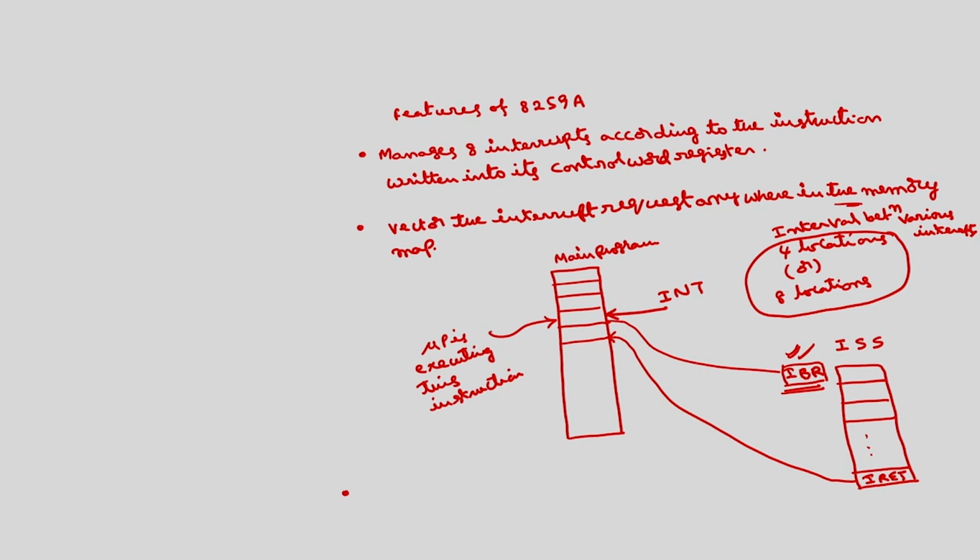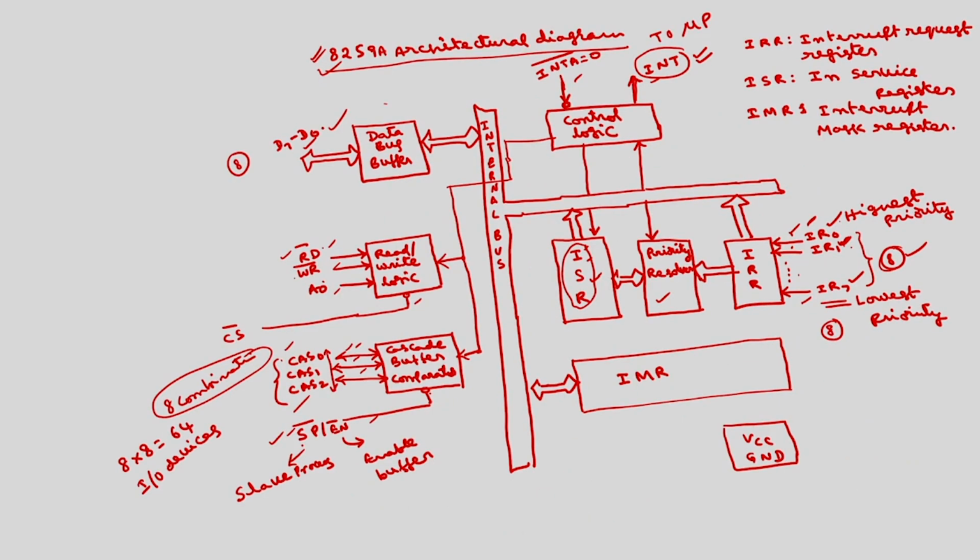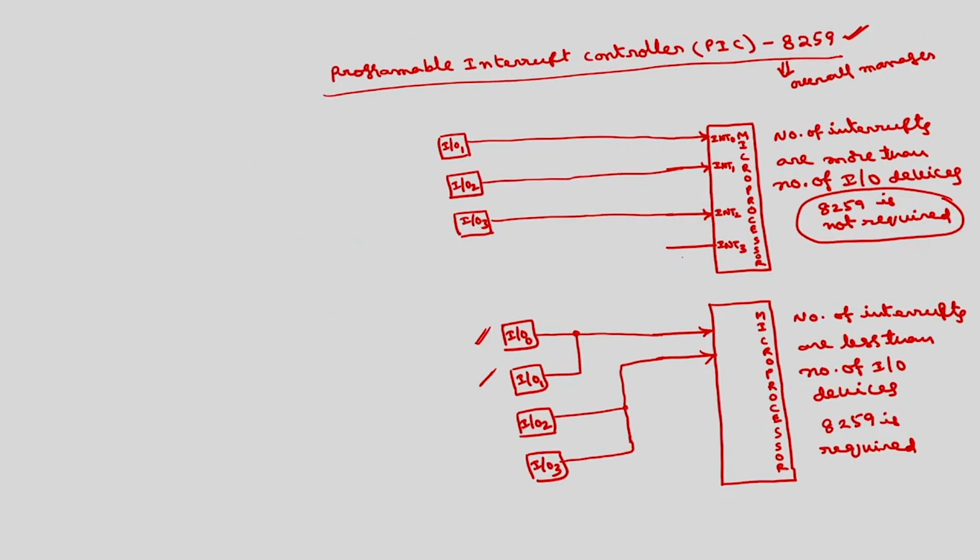The third feature is that it resolves the priority using any of 3 modes. As you can see in the 8259A architecture, there is a priority resolver, which resolves the priority of the interrupt requests. There are 3 modes of resolving the priority.